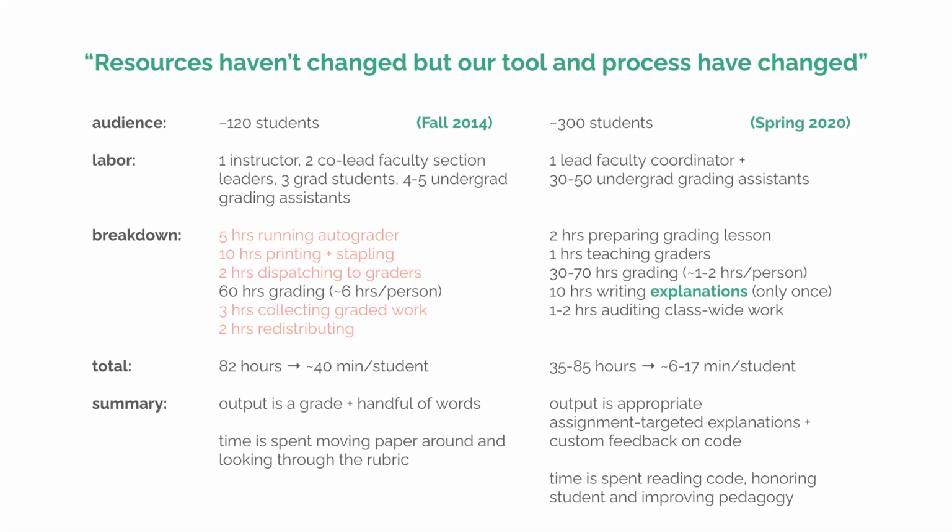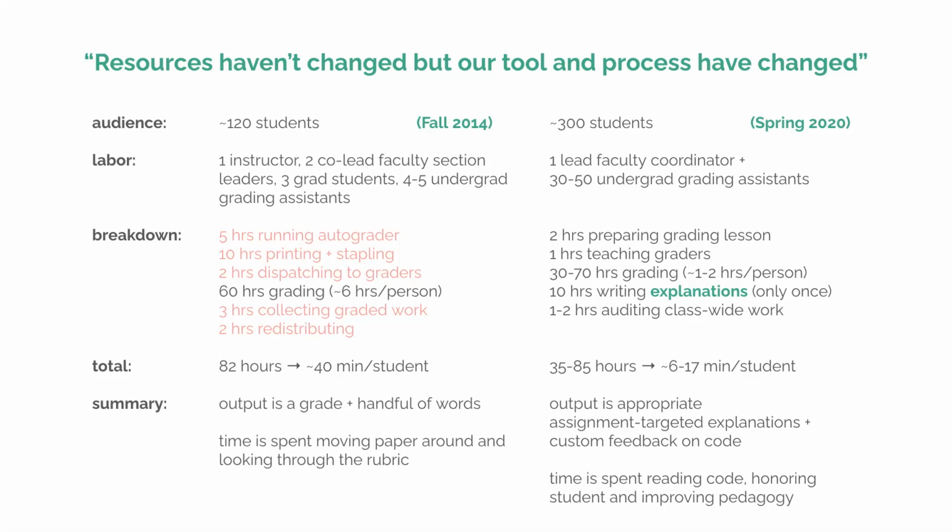So the bulk of the grading was done over 60 hours, and was basically, given the number of people that we had, 6 hours per person. So in total, we spent 82 hours, and we spent 40 minutes per student, but very little of that time was spent actually grading students. The output was a grade and maybe a handful of words, and most of the time was spent moving, shuffling paper around, and looking at the rubric.